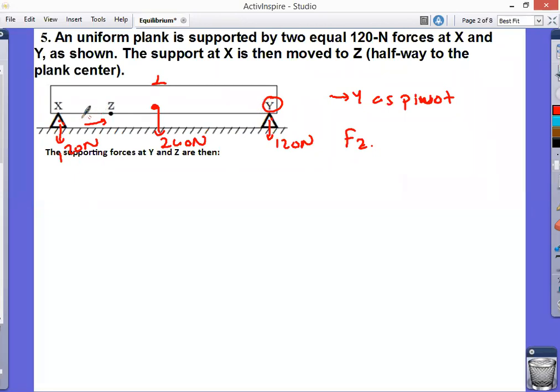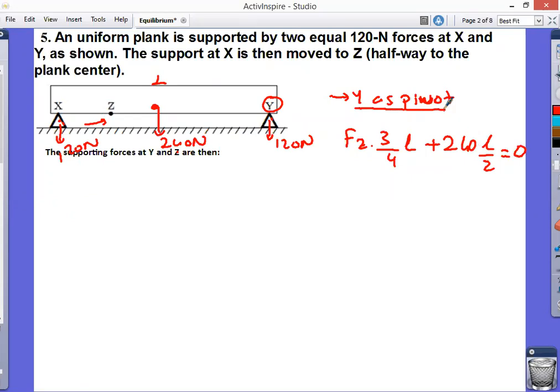Since you moved a quarter from X to Z, the distance is going to be 3 over 4 L. Let's call it L, okay? 3 over 4 L plus what we have here, 240 Newton times, since it is the middle point, L over 2, equal to what? It's going to be equal to 0, okay? Since we consider Y as pivot, the torque will be 0, okay?